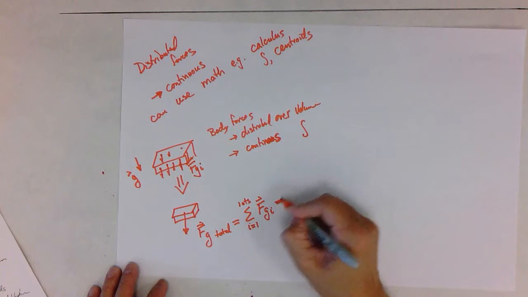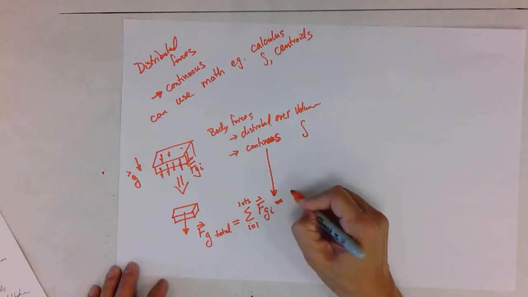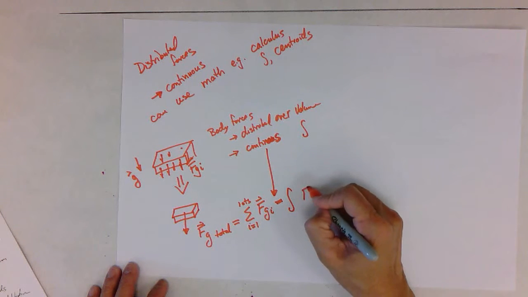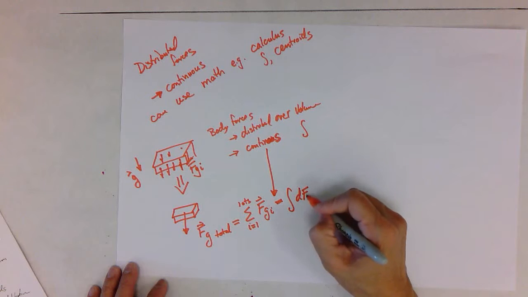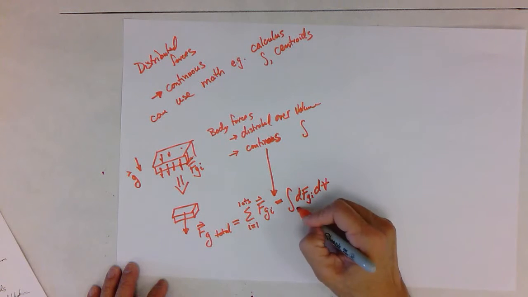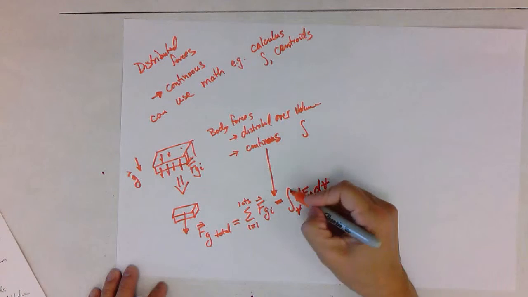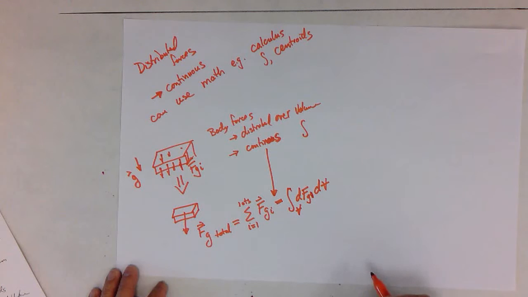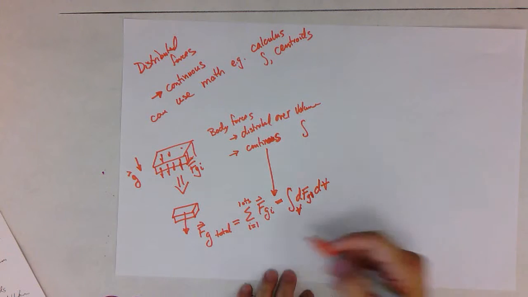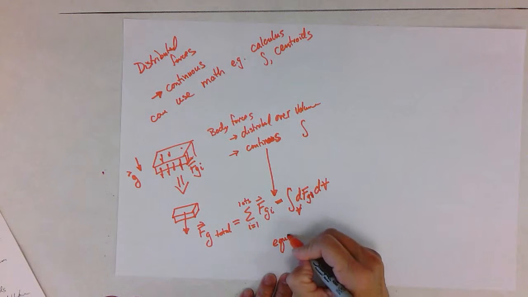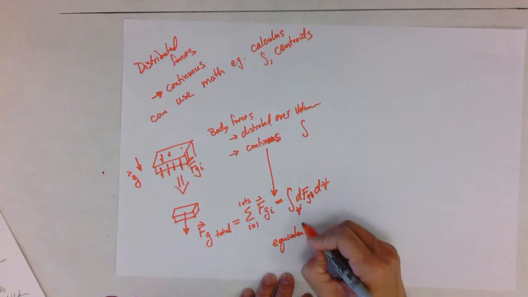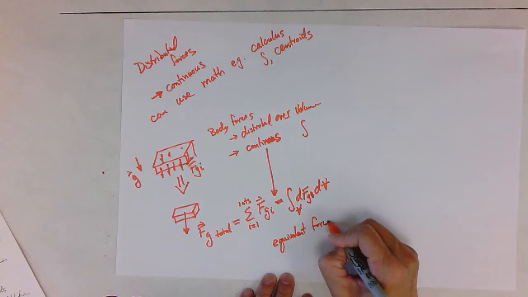And then we can represent this as a continuous function, and then we can integrate these over the volume. Let's just get rid of that i. Okay? And this will simplify things greatly, then we're working with one vector. So this introduces the idea of the equivalent force.